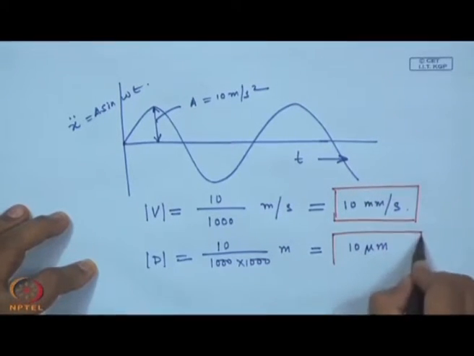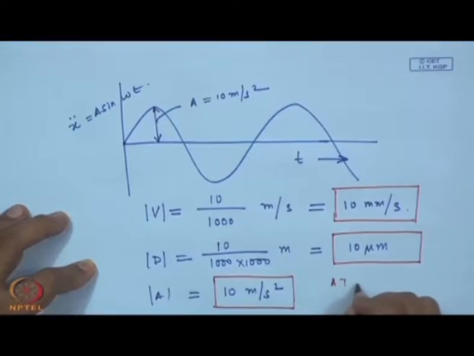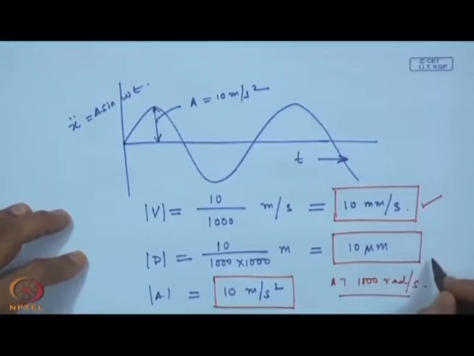So, if my acceleration magnitude is 10 meters per second square for the same calibrator at 1000 radians per second, I have velocity as 10 millimeters per second, displacement as 10 micrometers.